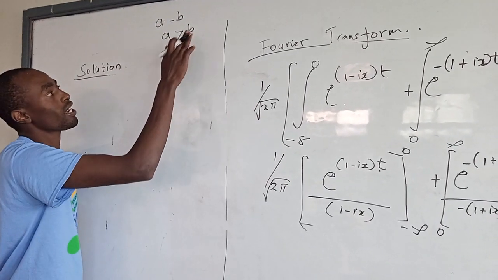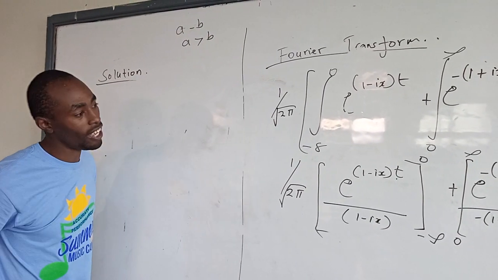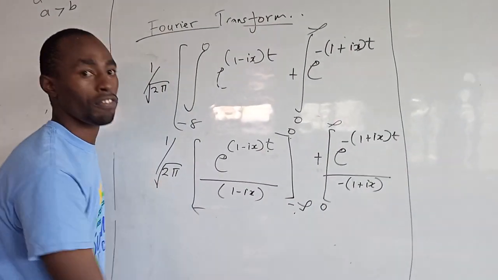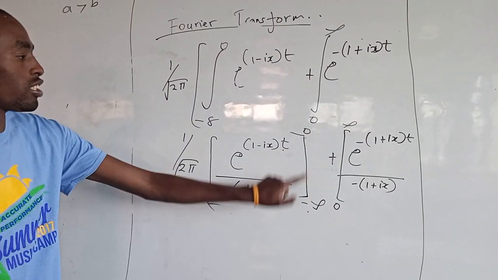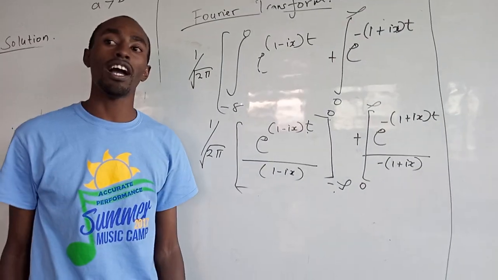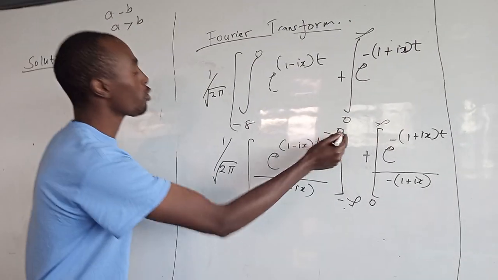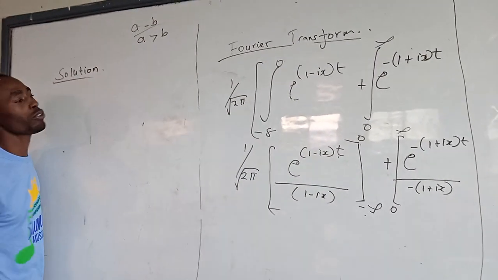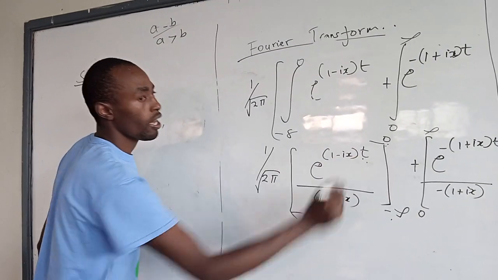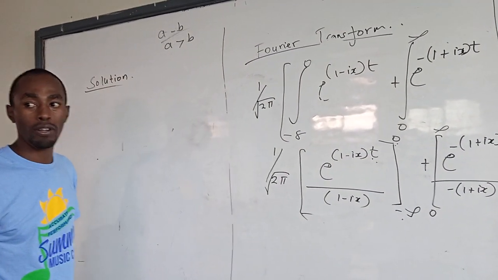So in this case, between 0 and negative infinity, which is bigger? It is 0. So we are going to start with 0, replacing into our function. Are we together?